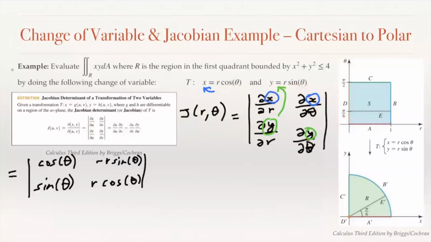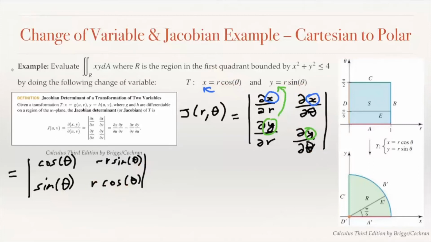Okay, so del x del r, that's the partial derivative of r cosine theta with respect to r. That is cosine theta. Similarly, del y del r is sine theta. Del x del theta is negative r sine theta, and del y del theta is r cosine theta.